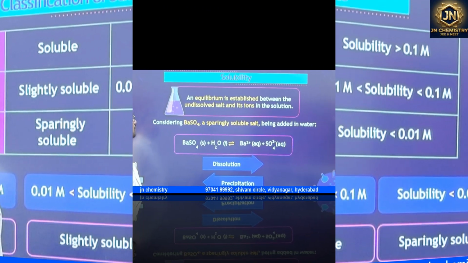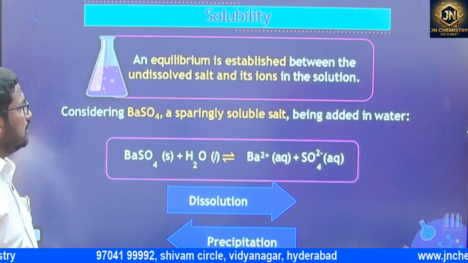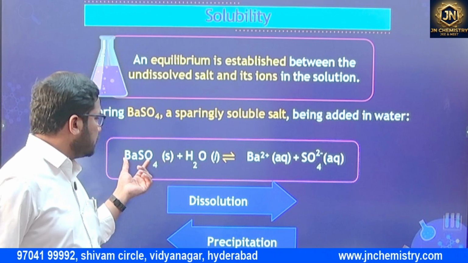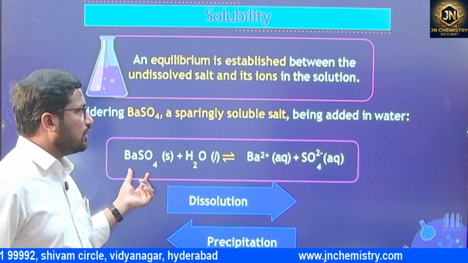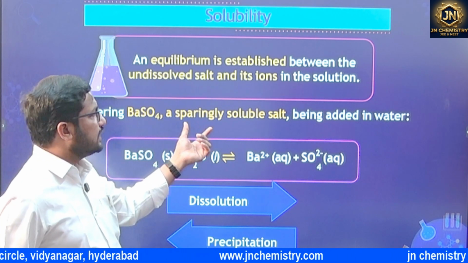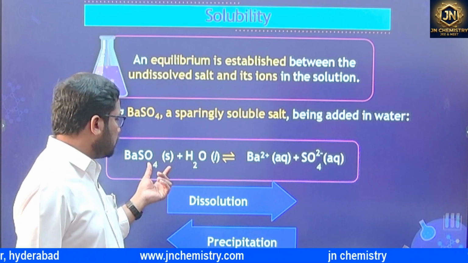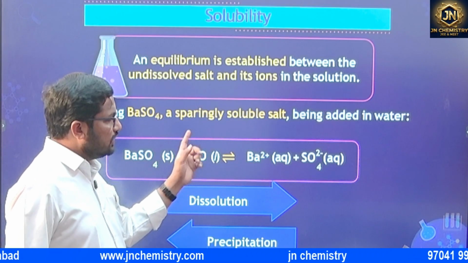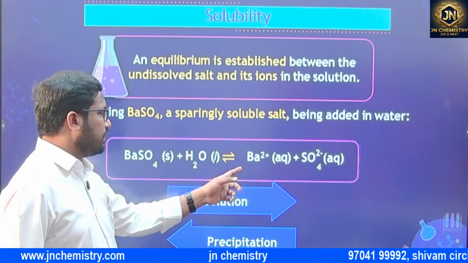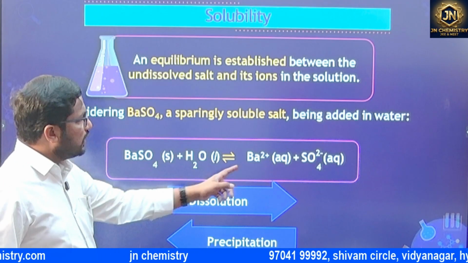Write it down. Equilibrium is established, for example, for BaSO4, a sparingly soluble salt, meaning 100% soluble it is not. Some solid plus liquid, when we are adding, Ba2+ and SO4 2- ions are forming, in equilibrium with this salt.